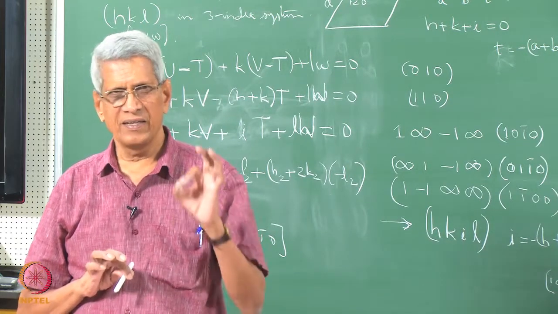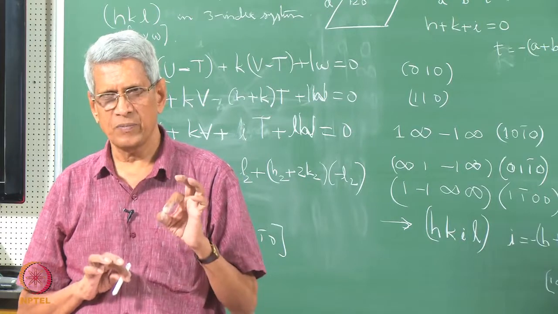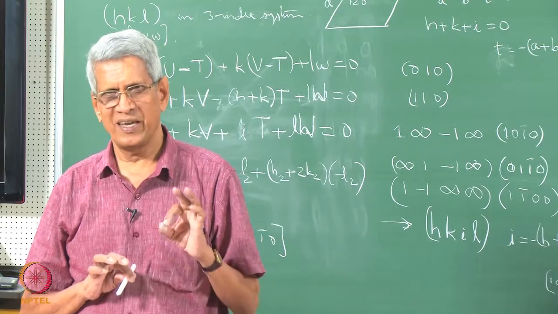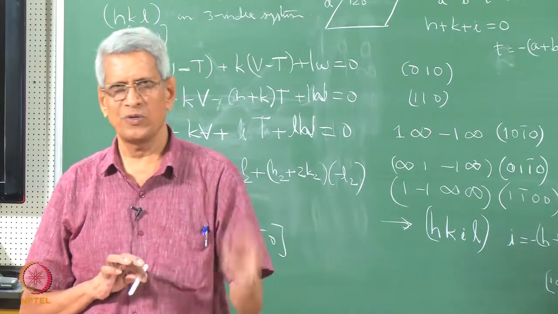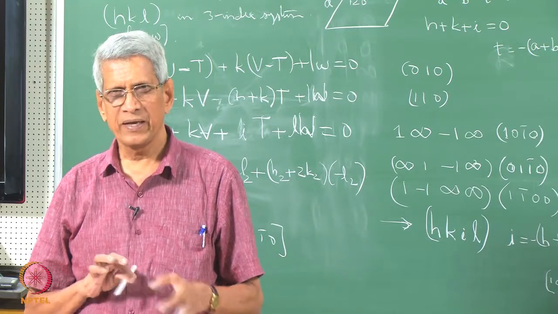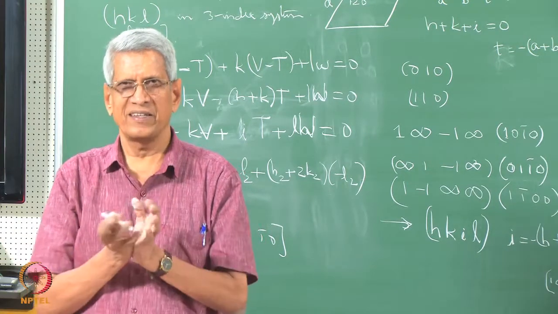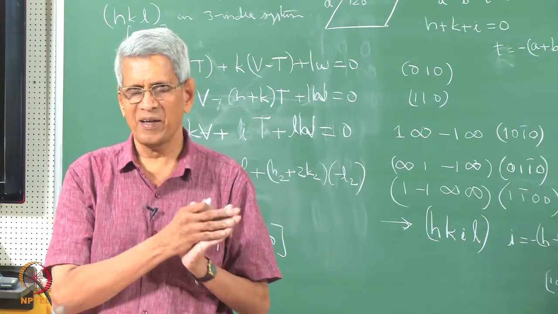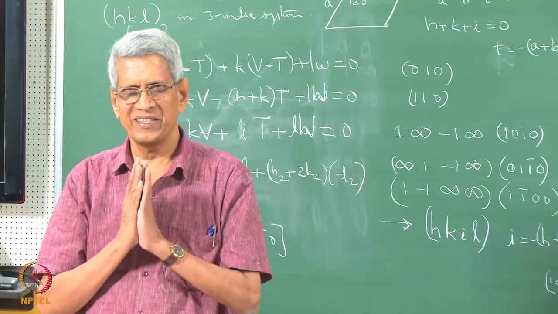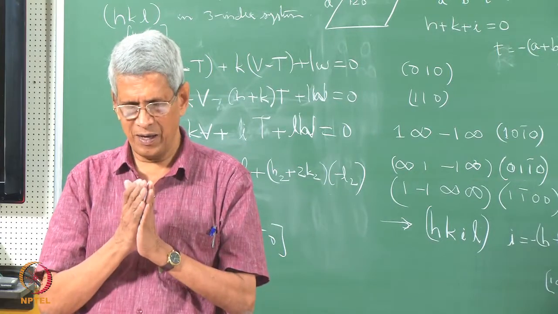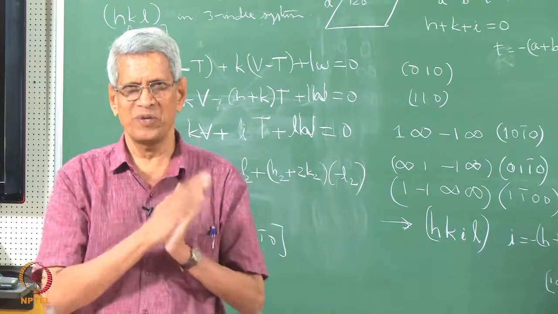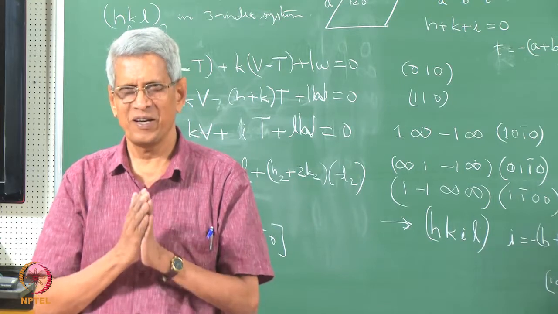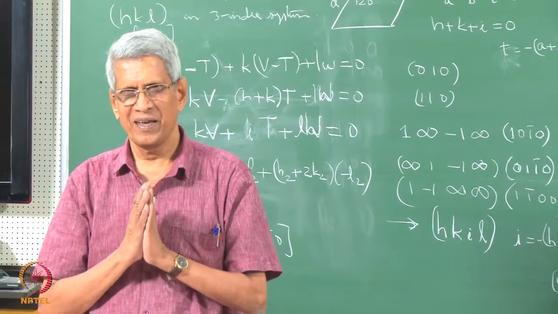But generally, if the indexing system is chosen in such a way that it represents the symmetry associated with the crystal, then just by looking at the indexing of the planes, we can tell that they belong to a certain sort of planes, correct. That is the advantage. That is the primary reason which motivated going from the 3 index system to the 4 index system for hexagonal crystals. I will stop here now.